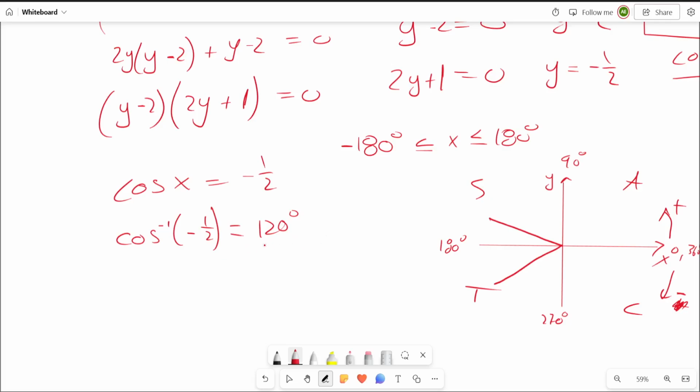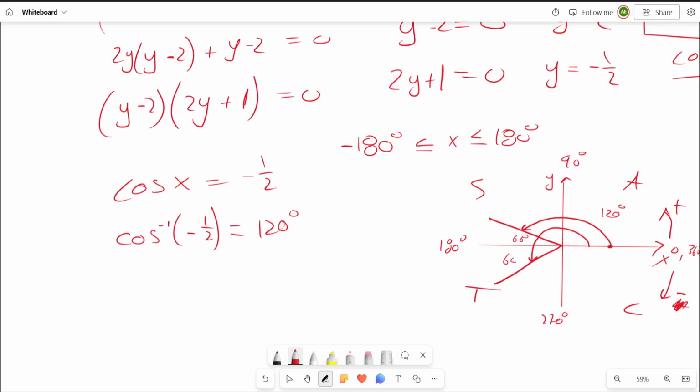I will start by doing my first angle, which is 120 degrees from the positive x direction. It's a positive 120, so I'll move anti-clockwise, and this angle is going to be 120 degrees. For my next solution, I'm going to go from here till this next part. I know if this whole thing is 180, then this must be 180 minus 120, which is 60 degrees.